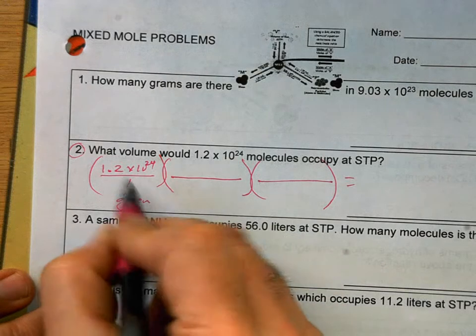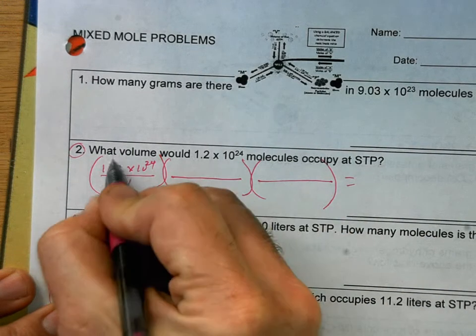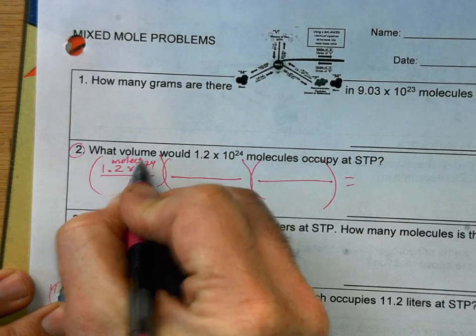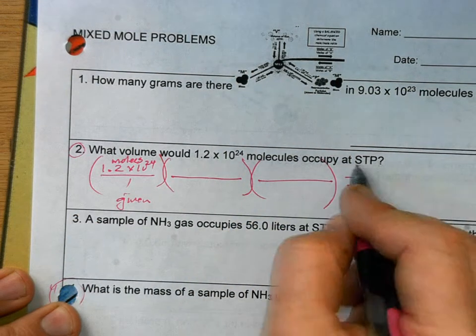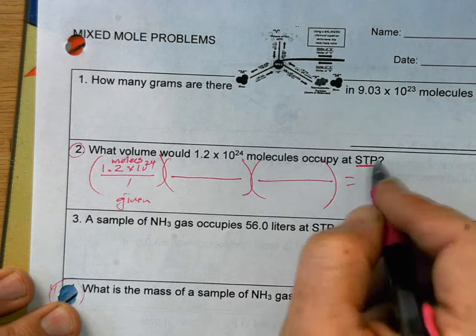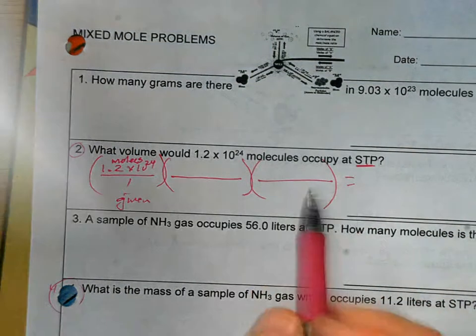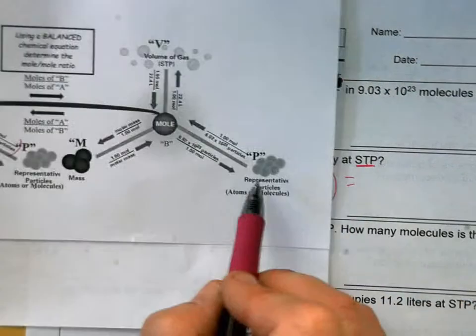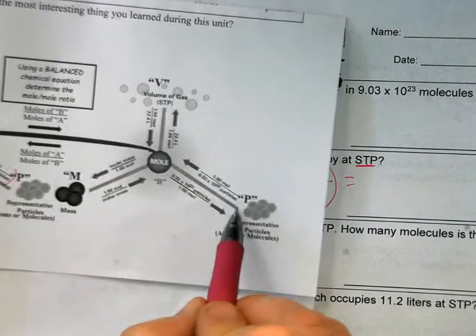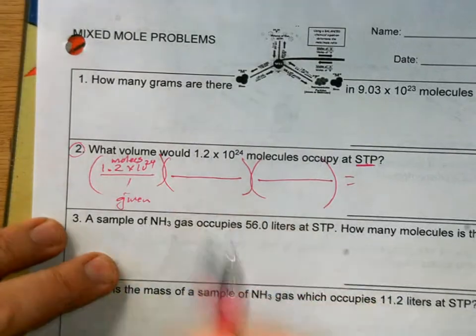Oh, wait a minute. I didn't properly label. This is molecules. M-O-L-E-C-S. Now, it's not specific, just molecules of a gas. Now, it does say at STP, at standard temperature and pressure. So, our first step is, and the STP doesn't really matter for this problem. Well, I guess it does in the second step. So, we want to go from number of molecules to moles.